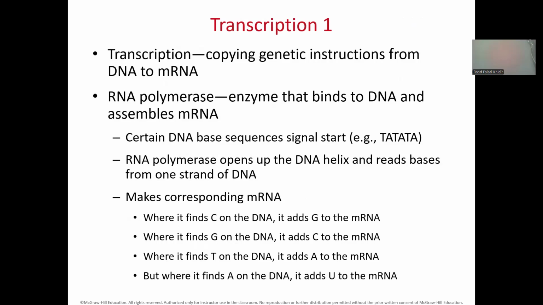But remember, there is something very important. When it finds an A, what is it going to make? A U. What's the difference between an RNA polymerase and a DNA polymerase?